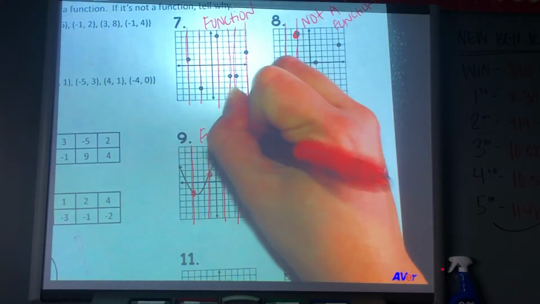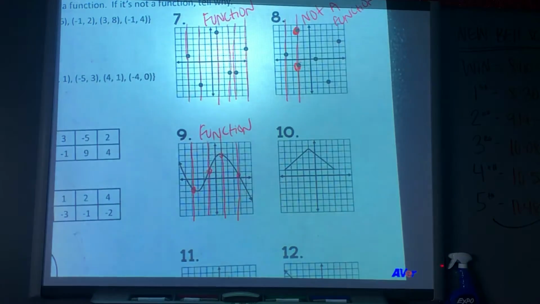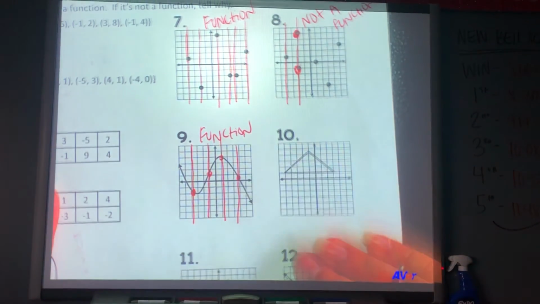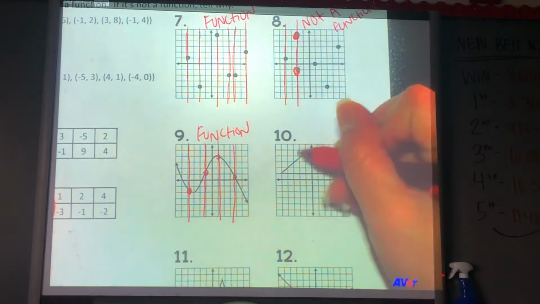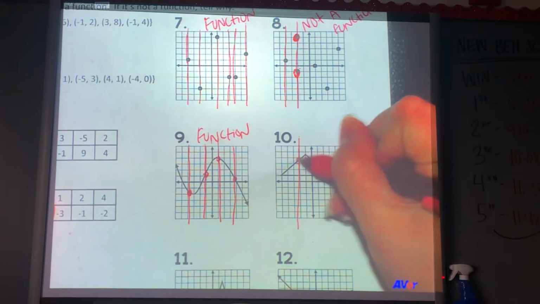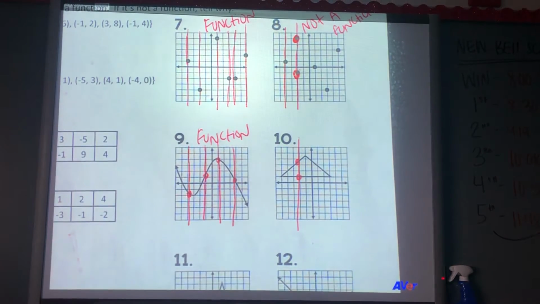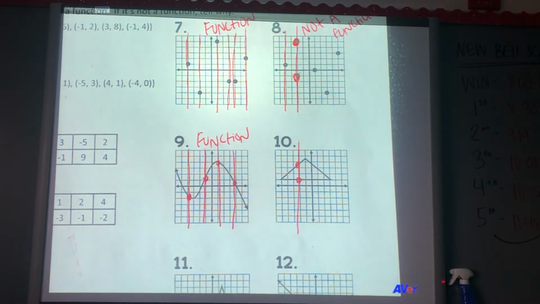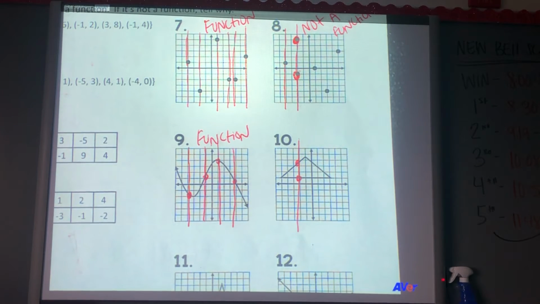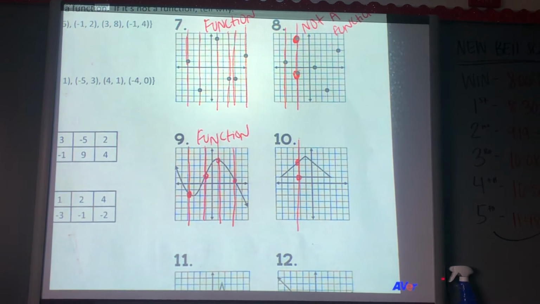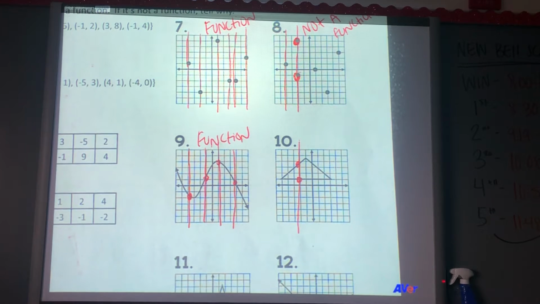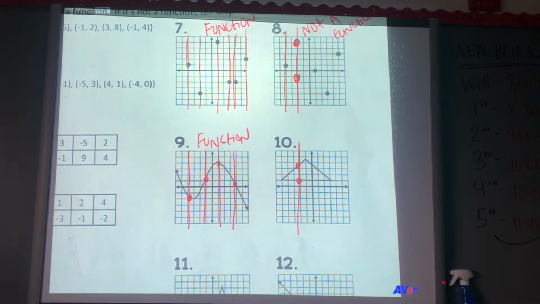It is a function. Down here, I have a triangle, it looks like. So I'm going to draw a vertical line anywhere, and all of a sudden I realize the very first one that I drew is going to cross twice, which means it's not a function, since it crossed twice.